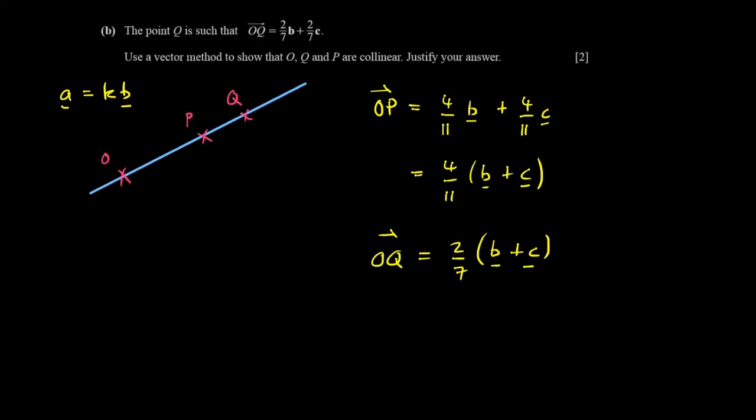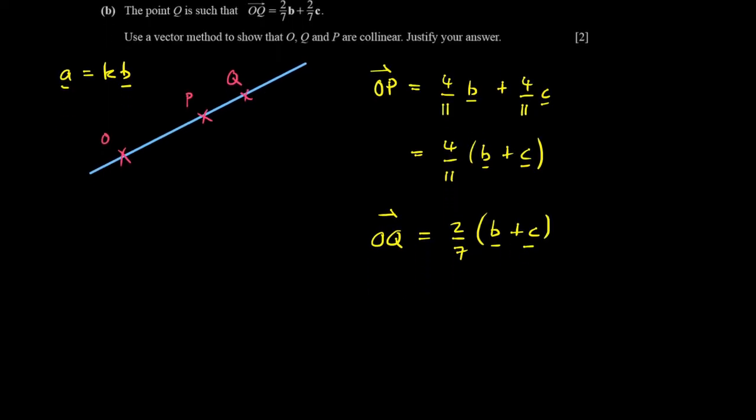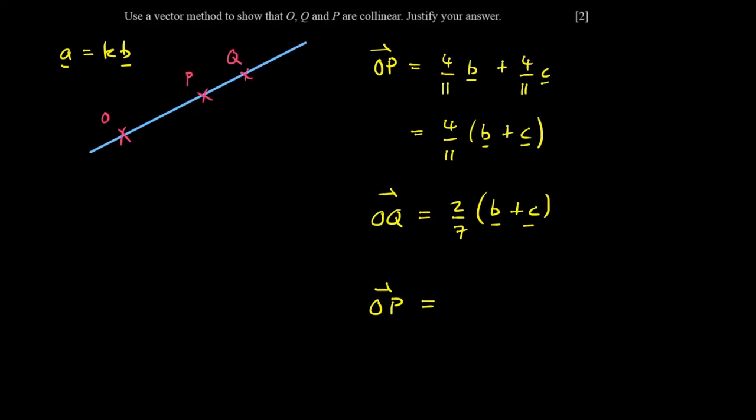And so I don't know exactly how you want to write it, but you could say basically OP is equal to some constant times OQ, and therefore OP and OQ are parallel. And if OP and OQ are parallel, then the points O, P and Q will be collinear. Okay, and that's how you want to do that.